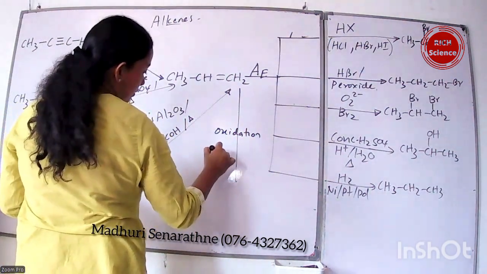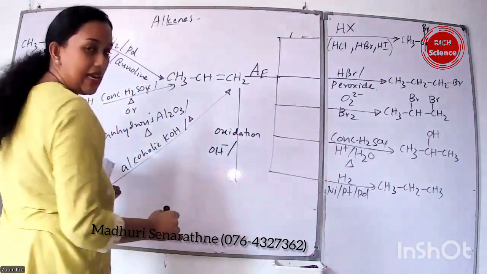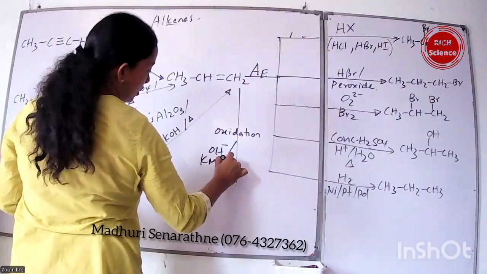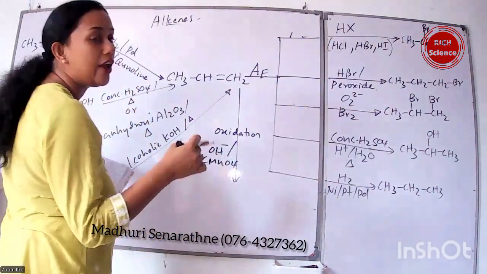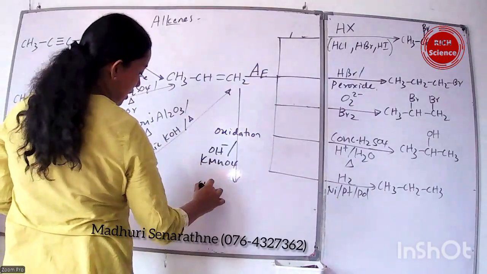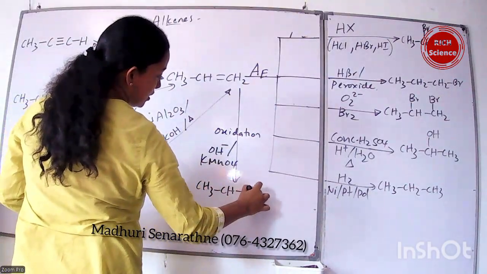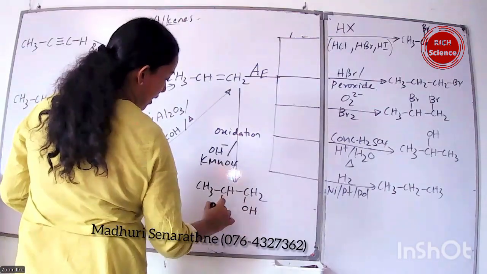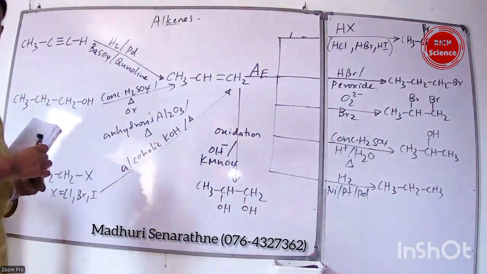In basic medium, alkaline medium, we add KMnO4. Then alkenes make diols, which means compounds with 2 OH groups. CH3, CH, CH2, 2 OH groups are added.